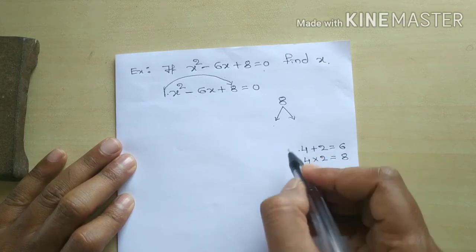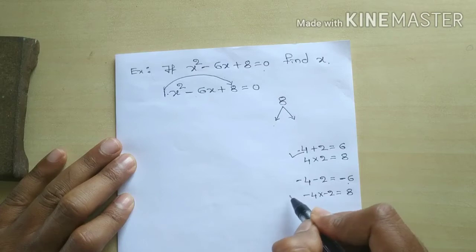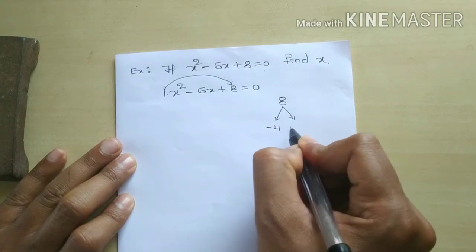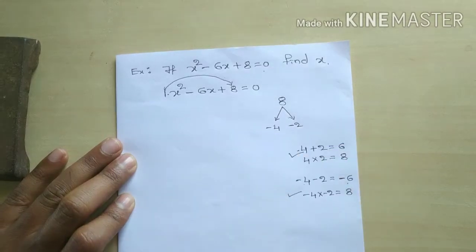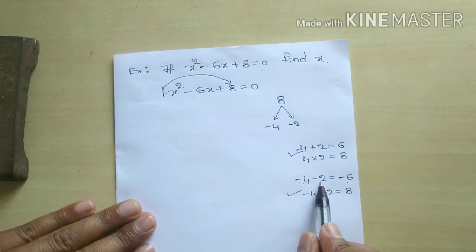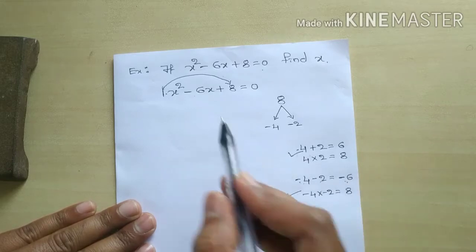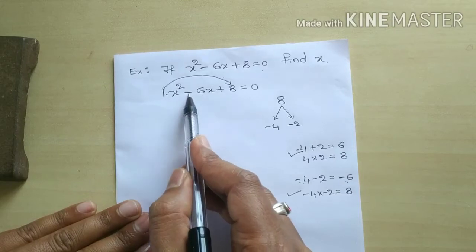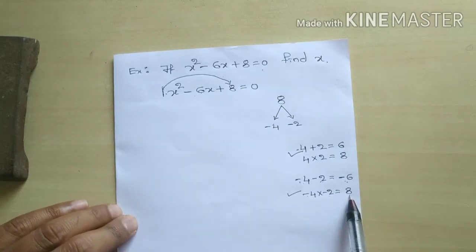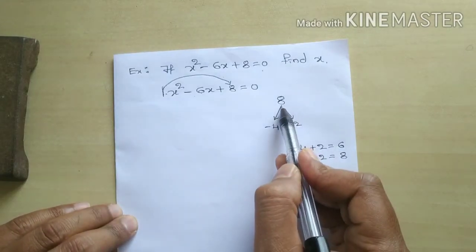See, in these two, which numbers am I going to take here? Minus 4 and minus 2 only I am going to take, because if I take minus 4 and minus 2, minus 4 minus 2 is minus 6. The middle number present here is minus 6. If I multiply minus 4 into minus 2, we get 8, again plus 8 only.